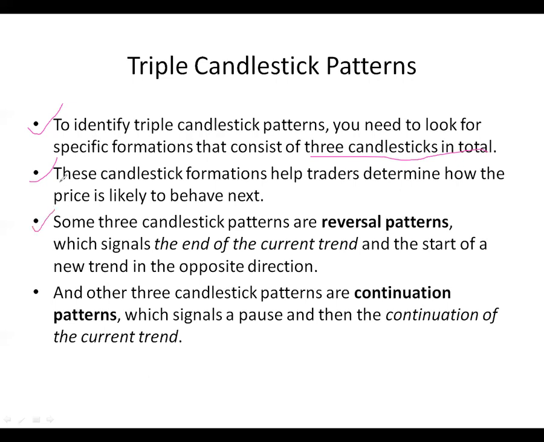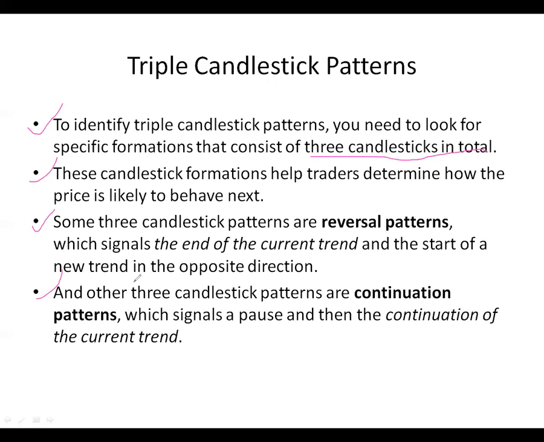Next point: some 3 candlestick patterns are reversal patterns, which signal the end of the current trend and the start of a new trend in the opposite direction. And the last point says, other 3 candlestick patterns are continuation patterns, which signal a pause and then the continuation of the current trend.